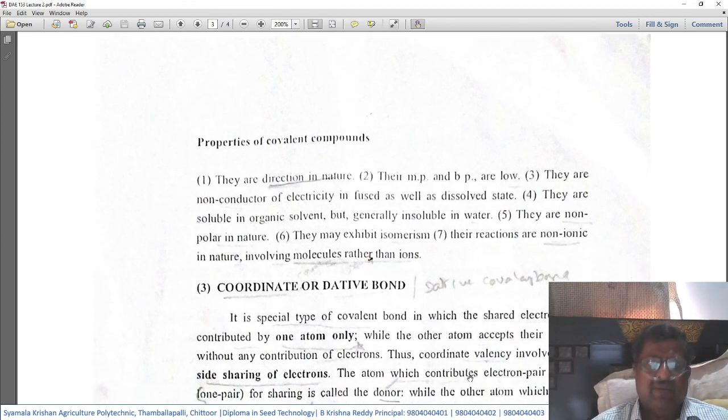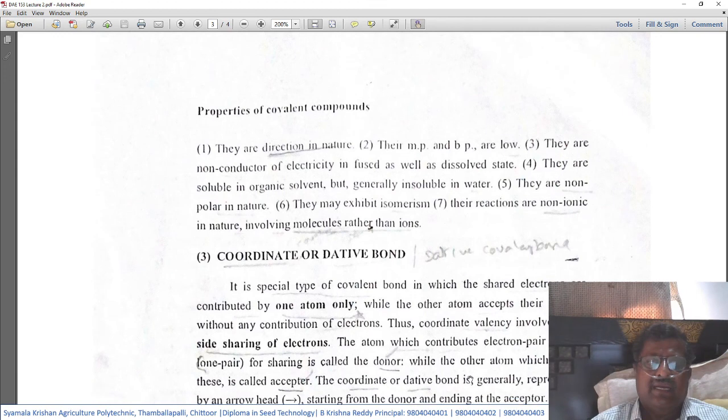Now let us see the properties of covalent compounds. As we have seen the properties of ionic compounds, now we will see the properties of covalent compounds. You can see most of these properties are opposite to the properties exhibited by ionic compounds. Ionic compounds are non-directional. Here it is directional in nature. Number 2, the melting point and boiling point are low.